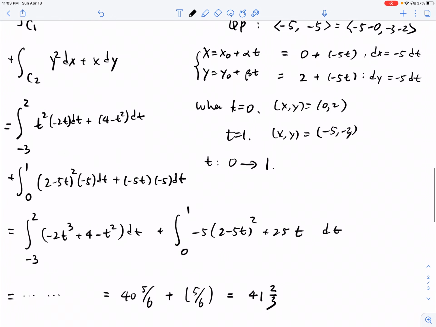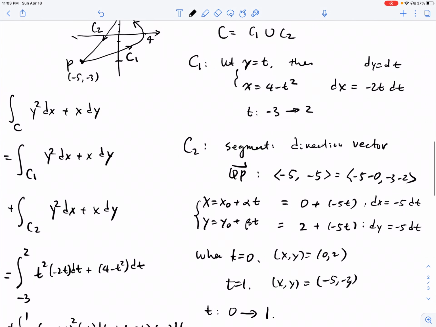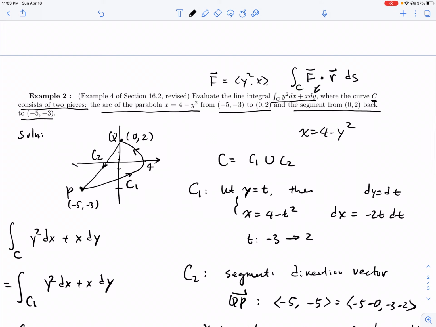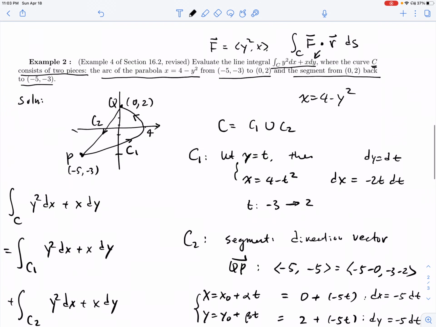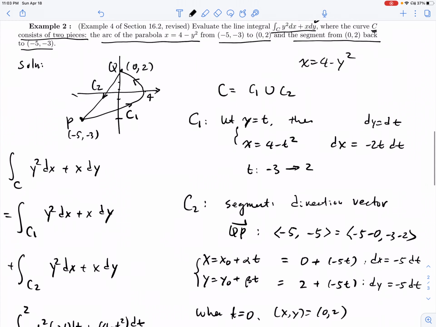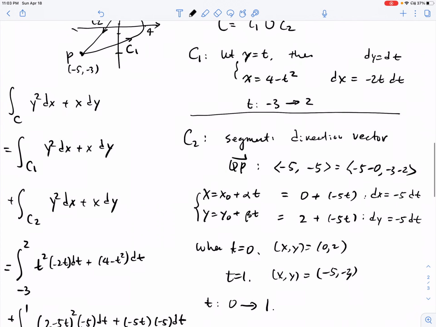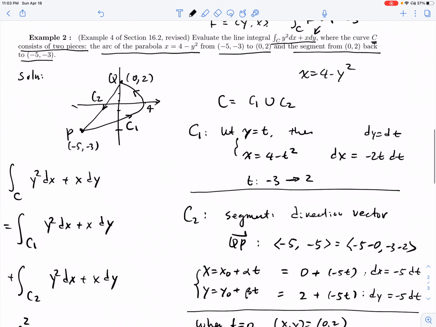All right, that's all for these two types of line integrals. And again, we want to have a summary. So what do we have? We have a C over here, which consists of 2 segments. And it doesn't really matter how many segments, we need to parameterize them. After we parameterize them, we plug the formulas of the curve into the integral.